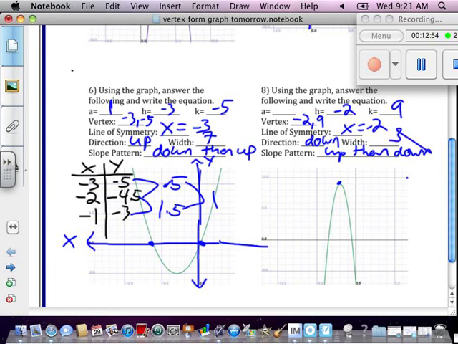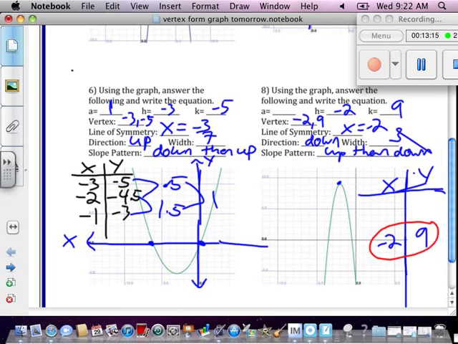All right, and then we know the fun part. We make our table. We've got negative 2 and 9. This is our vertex right here. I'm going to show you something with this one. I'm going to choose 2 more points: negative 3 and negative 4.